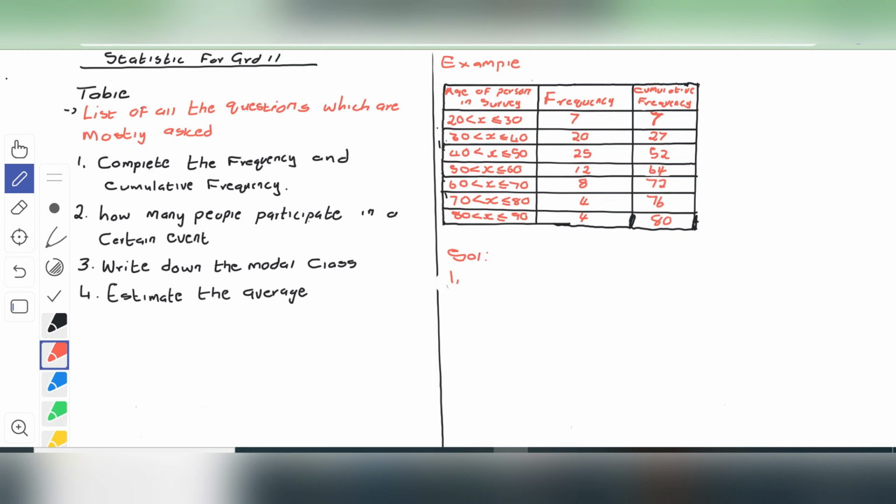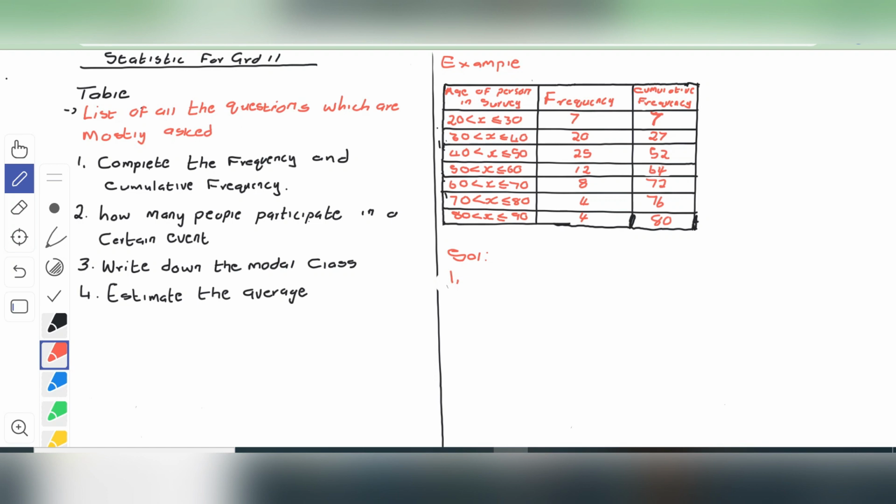Therefore, after 7, from the second interval, we can see that we have 20, right? So we need to add that 20 with 7, so that we can get 27. So now we have 27 people which are participating in the age of person in the survey. Then we take that 27 and add it with 25.